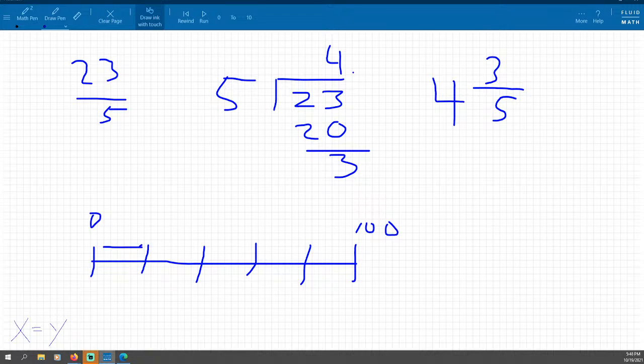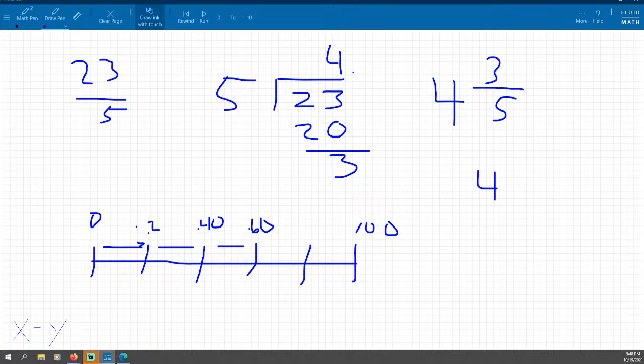So 2 dimes is equal to 20 cents, so 0.2. So when you have 4 3/5, you're filling in 3 of these. So it's 40 cents or 40%. And this is 60 cents, or 60%, 60 out of 100.